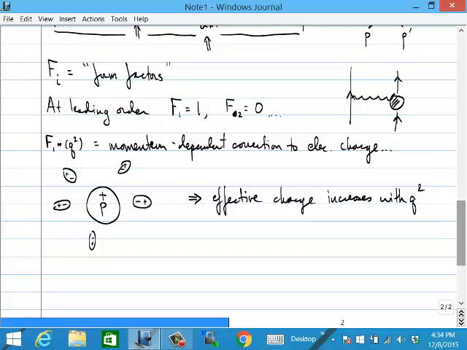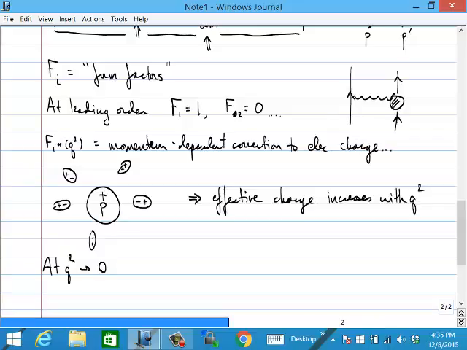What about F2? So in order to think about F2, any questions on this before I continue? So in order to think about F2, what I want you to do is first let's just think about very long distances. So let's take q squared going to 0.